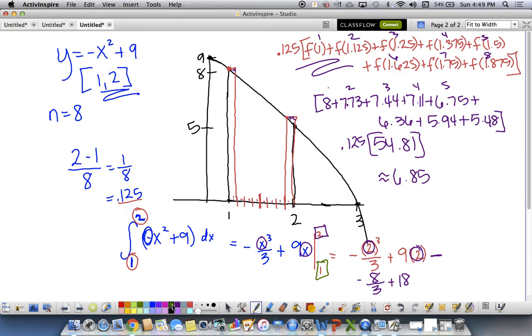Okay, so now you're going to plug this 1 into the x's, and we're going to subtract the values. Okay, so this first piece, that's with my 2 being plugged in. Okay, now I'm going to plug in the 1. So here we go. Negative 1 cubed divided by 3 plus 9 times 1.